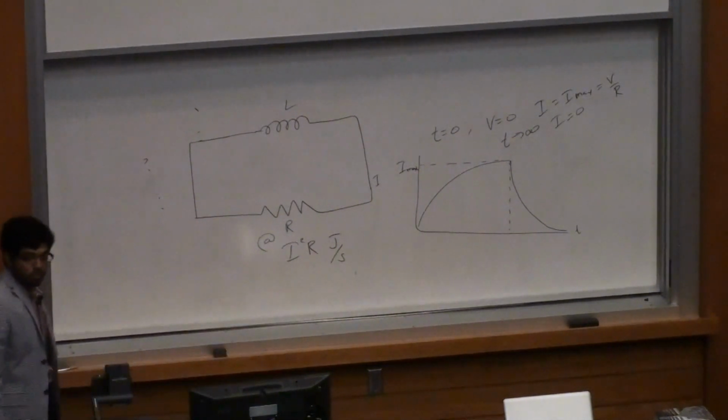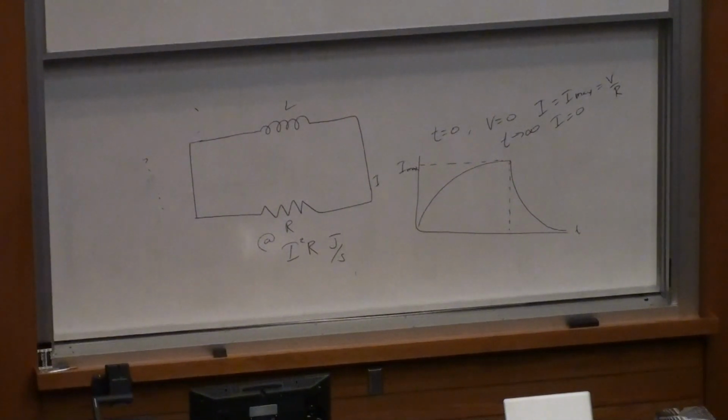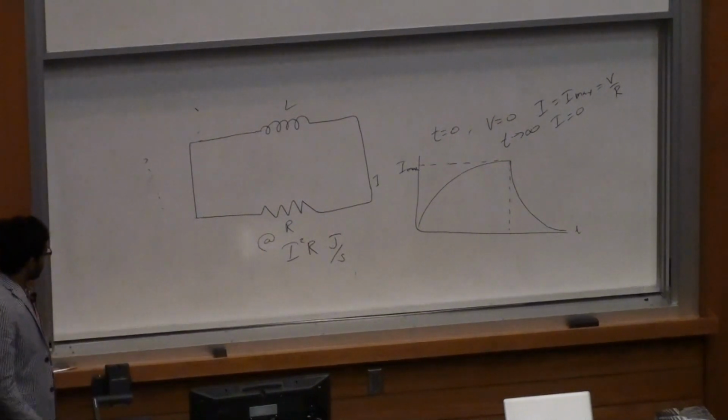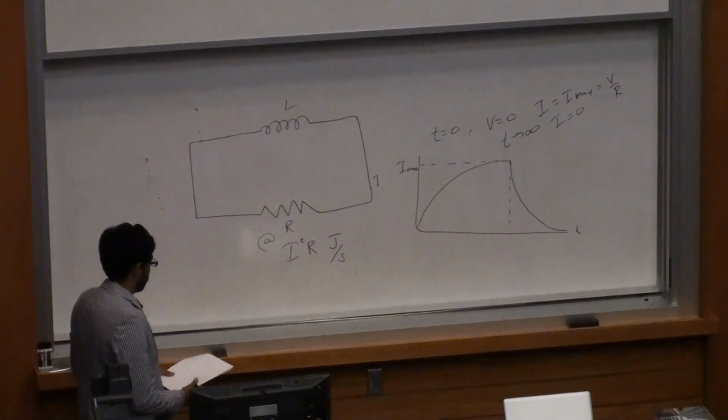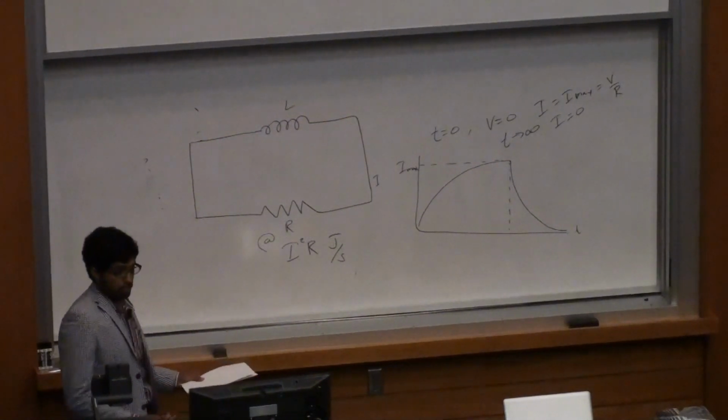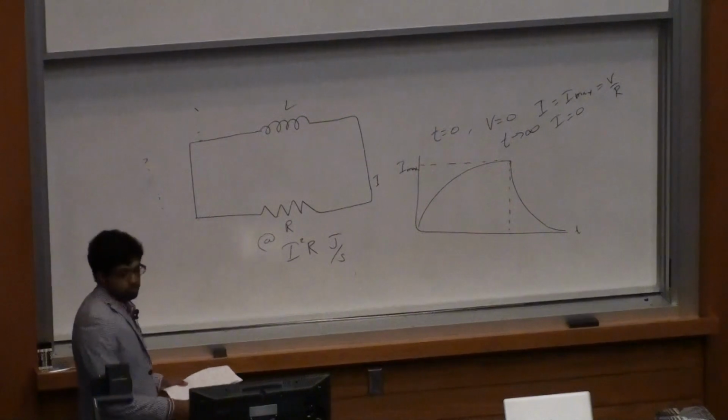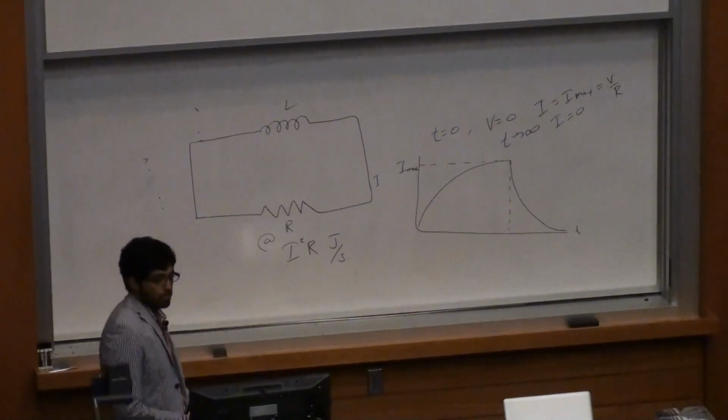What's joules per second? Watts, work done, so that's not unreasonable. So it dissipates as heat at I squared R until the current completely goes away to 0, and then the whole show is over. We're done.